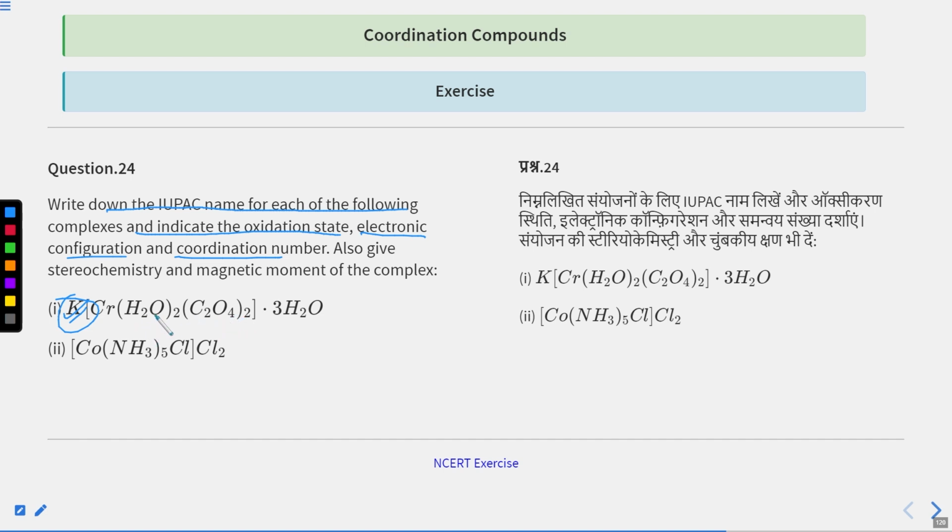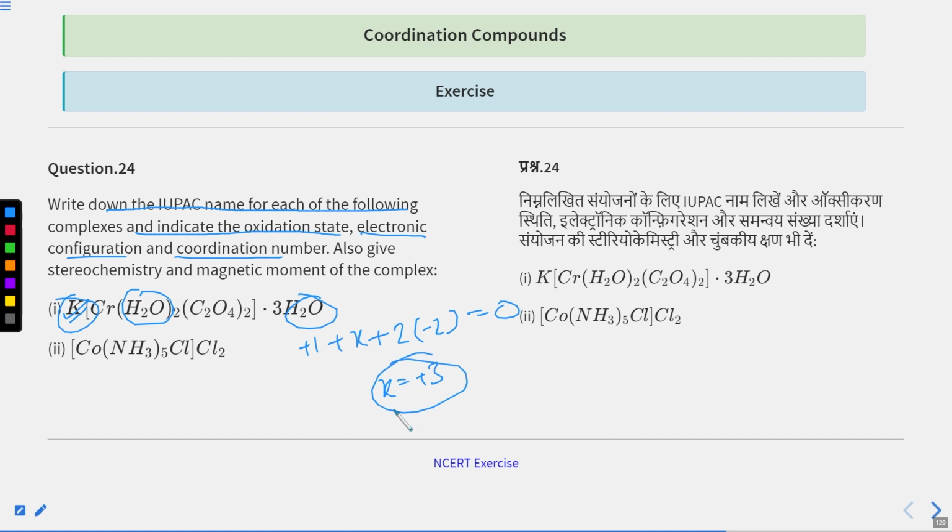Then chromium will have an oxidation state of how much? See, C2O4 2- is -2. 2 into -2, that is -4. Potassium is +1. Chromium is supposed to be X. This is 0, this is 0, and overall charge is 0. So X will be 4 minus 1, that is +3 oxidation state.